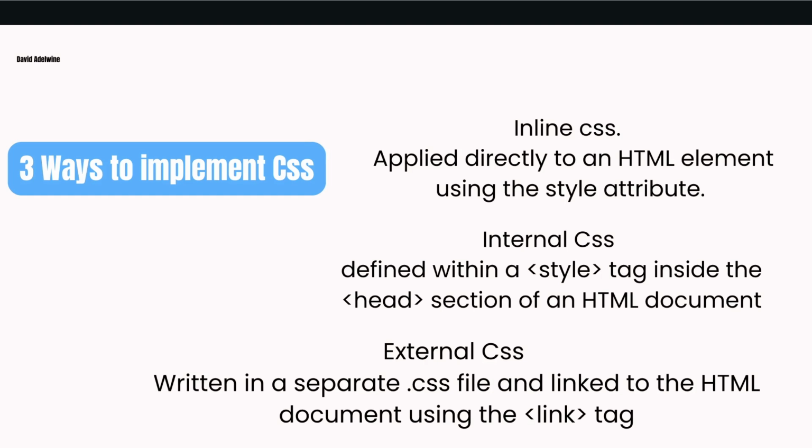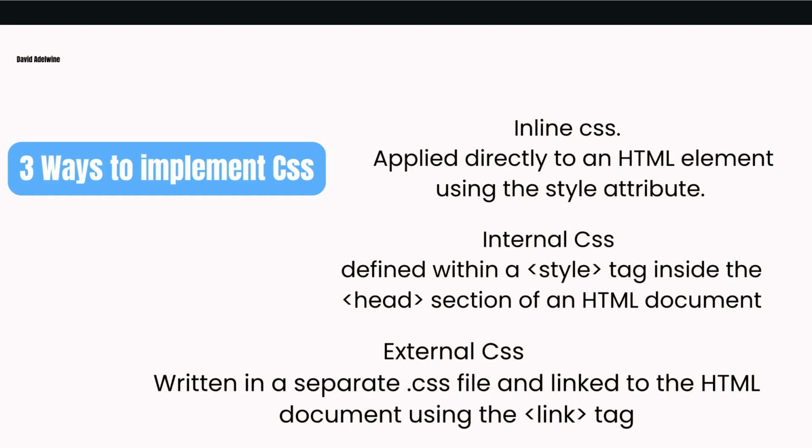The good thing about this is that there's a separation between your CSS as well as your HTML, and it makes your code very clean, and it makes it very easy to debug and look for errors in your code. So that is the difference between inline, internal, and external CSS, and let's get into our editor and explore them in code.